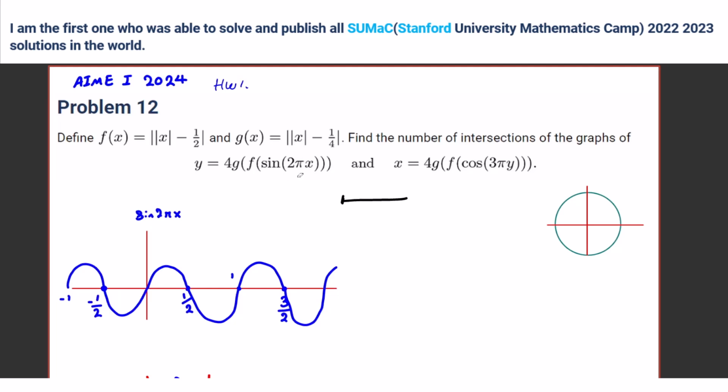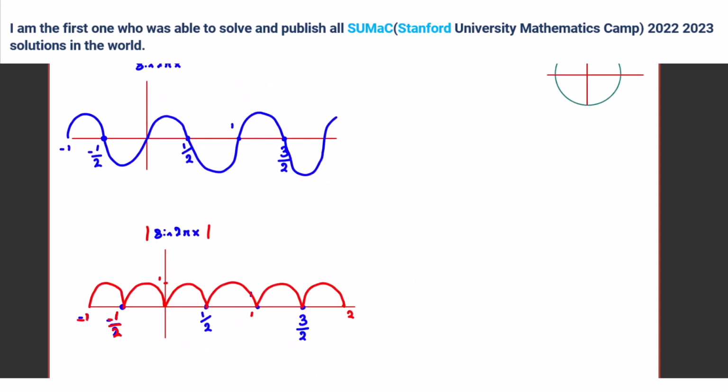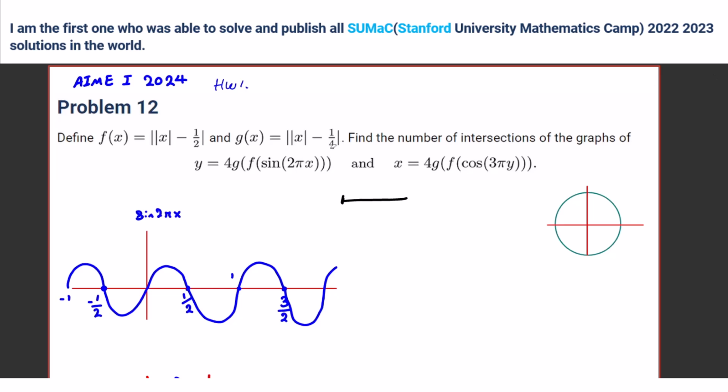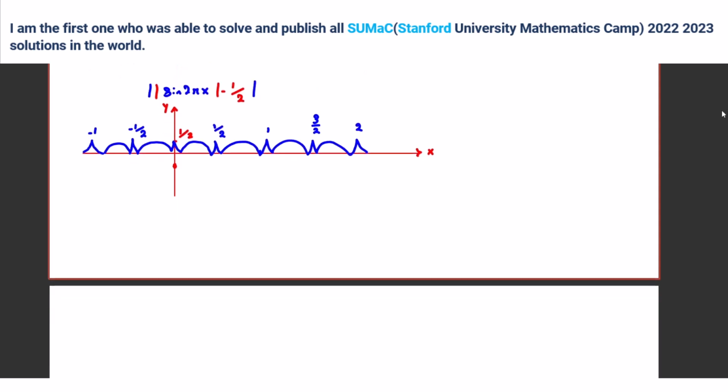Now we've reached f of this, right? Yes. Now it says calculate g of that. It means we should again consider absolute value, but here we already have absolute value, so it has no effect, right? Yeah. So we should subtract 1/4 and then take absolute value again, right?